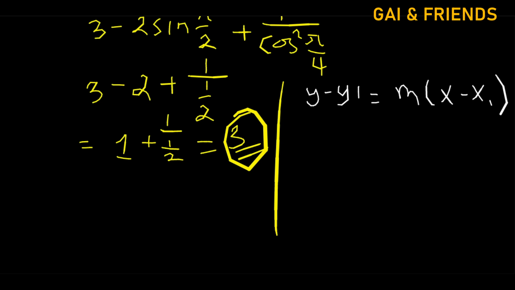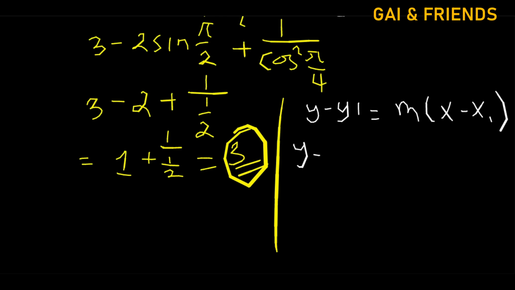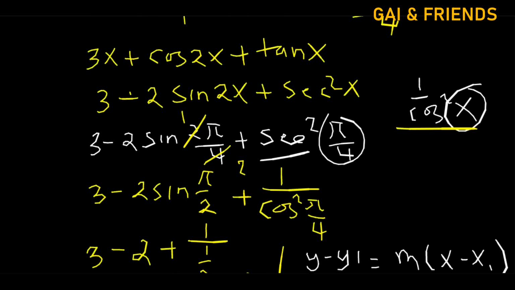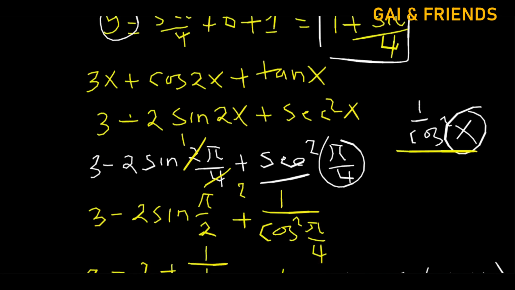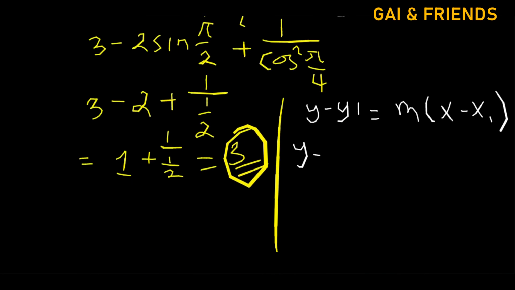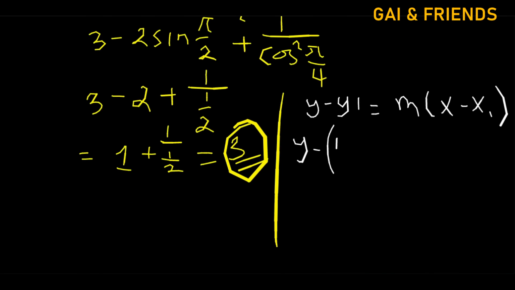So the equation from our solution will be y minus y1, and we need to find the value of y1. We found the value of y here, so it is the value of y1. Therefore, we are going to put it here, 3 pi out of 4.